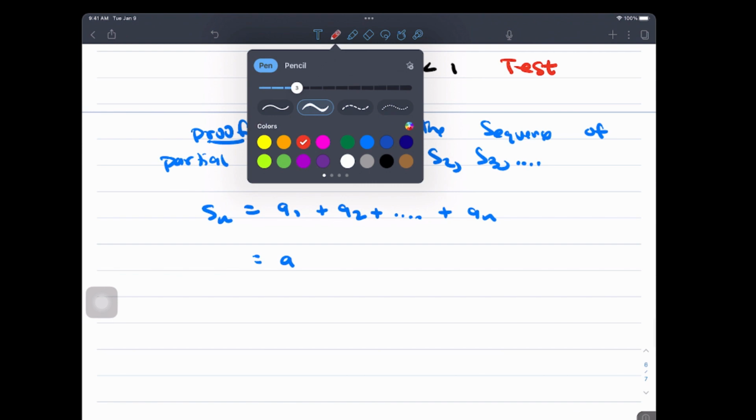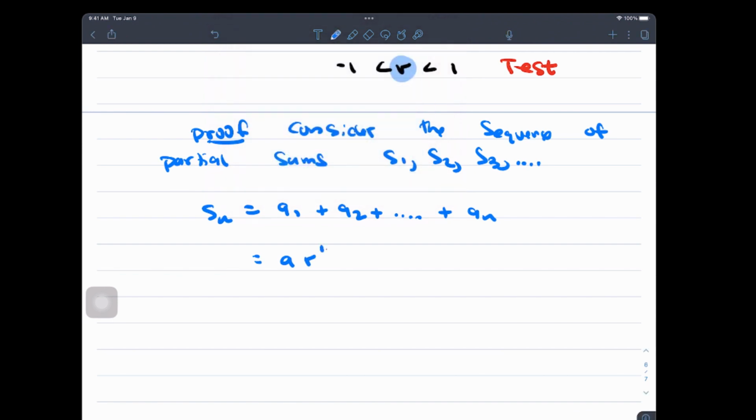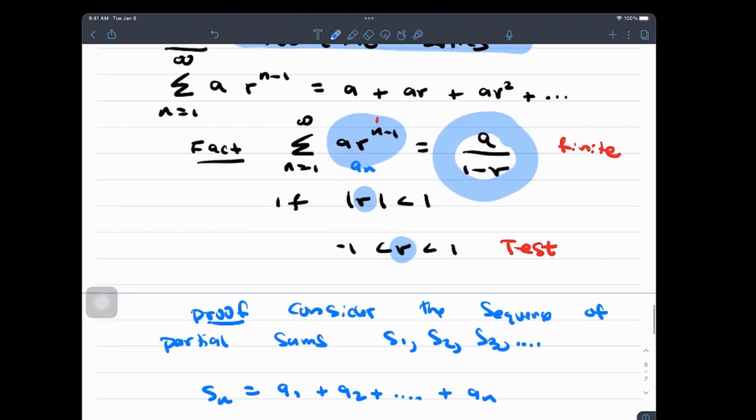That's a r to the 1 minus 1, plus a r to the 2 minus 1, all the way up to a r to the n minus 1, I believe. Because this is how you define it: change your n value, start with 1, go to 2 and 3 and 4 and so on.